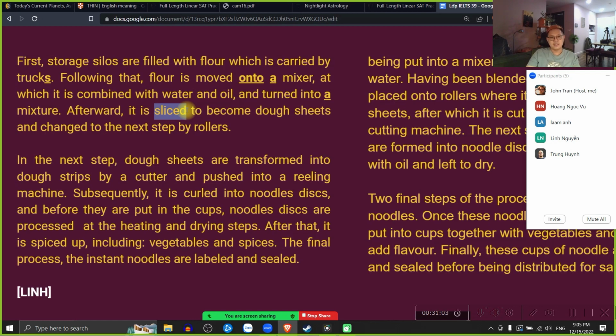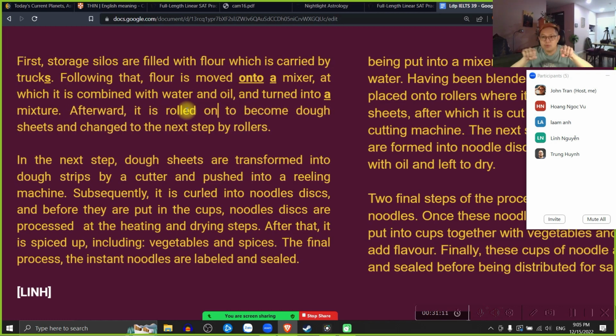If you don't know the right word, let's say it is roll. Roll on. Nó được roll on. Giống như lấy cái cây cán bột á, roll on. It's like taking a roller and you roll it on, you know. It is roll on to become those sheets.